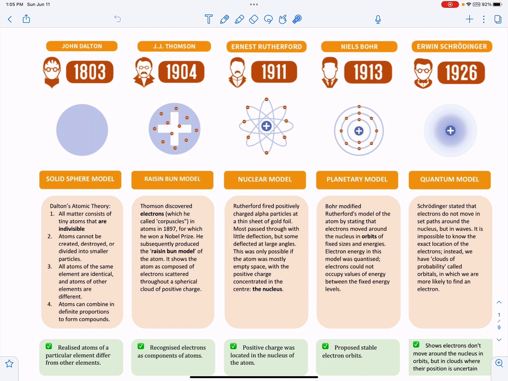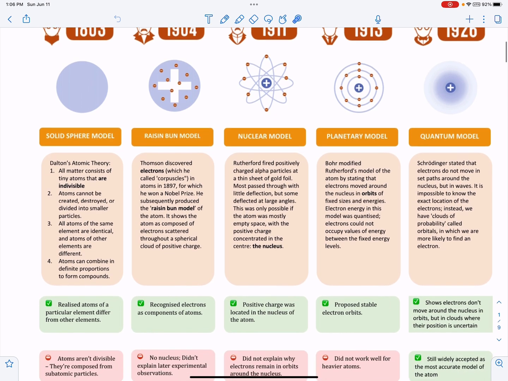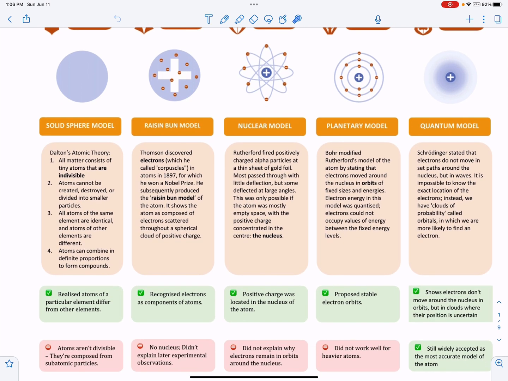Electron energy in this model was quantized. Electrons could not occupy values of energy between the orbits and must remain in the fixed energy levels. This model was favorable because it proposed electron orbits. However, this model broke down when we talked about heavier and heavier atoms.